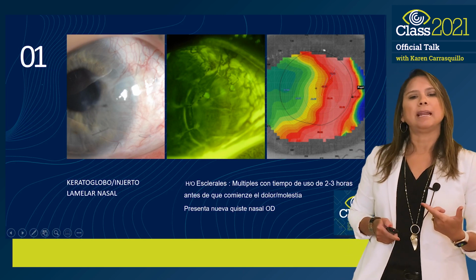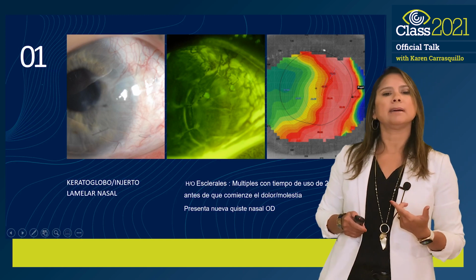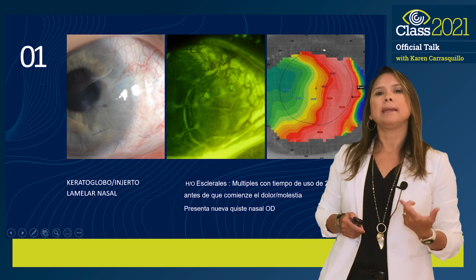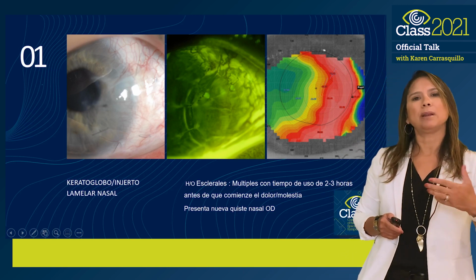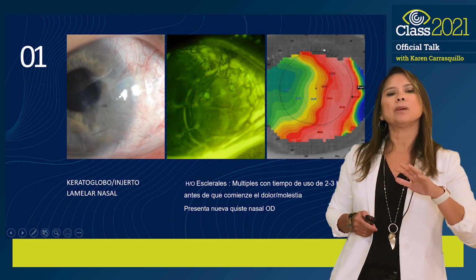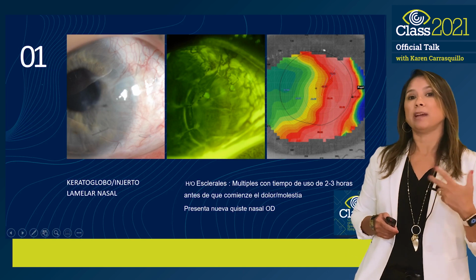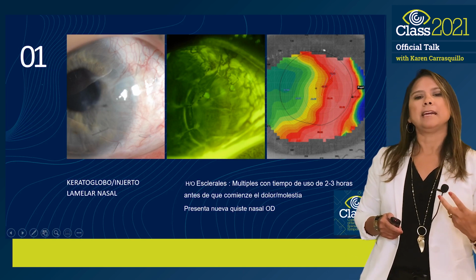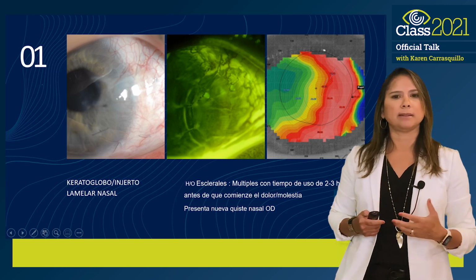And this is a patient who had a lamellar graft in the nasal area, and when he presented in our clinic, he had developed a cyst in that corneoscleral area, and apparently the anterior scleral lenses that the patient used were generating a lot of compression in that area, which can be fragile because it is extremely thin to begin with, and the patient does not tolerate wearing lenses.